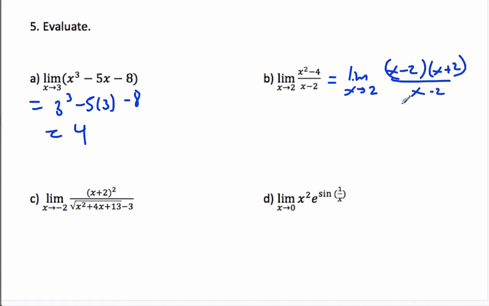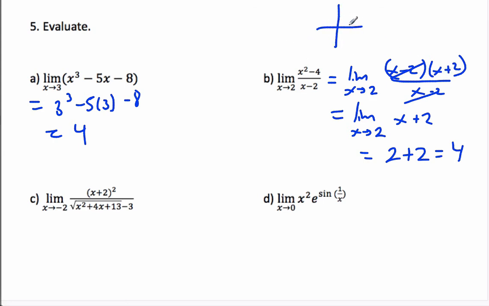Now we can cancel these out because x is never exactly 2, it's just approaching 2. It's the same as the limit as x tends to 2 of x plus 2, which equals 2 plus 2, which equals 4. The graph would be a straight line, x plus 2, with a hole at the x value of 2. So it looks like a linear function.